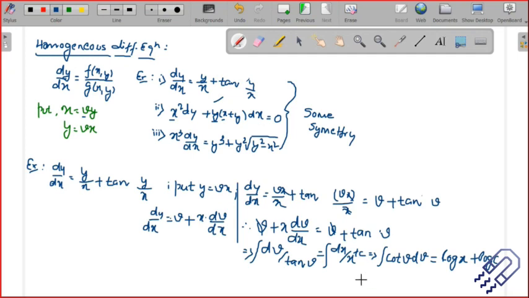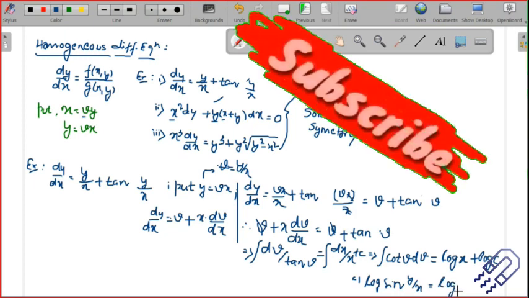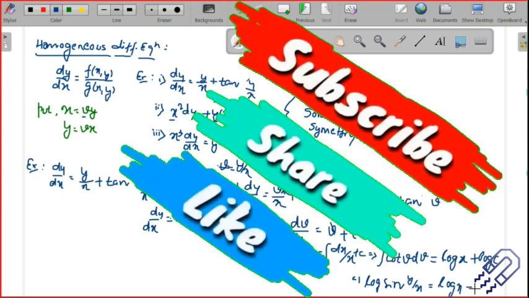So this is log of sin v, and if you look here, my v originally wasn't v, it's y by x after writing down. So this sin of y by x is equal to log of x plus log of c.